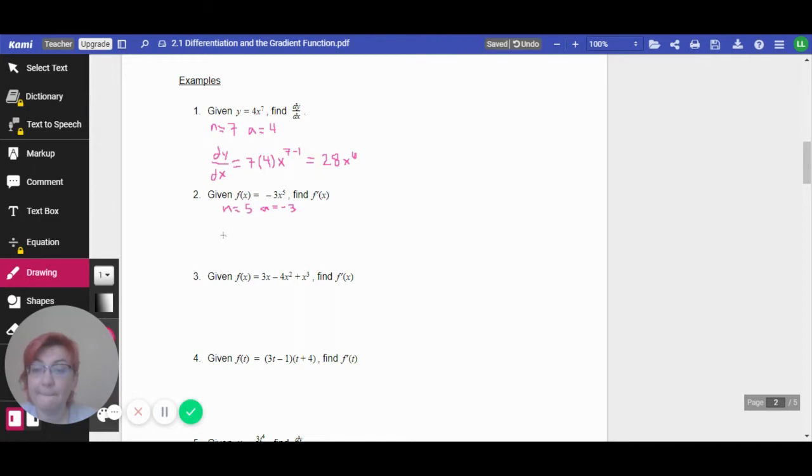Therefore, f prime of x is going to equal n, which is 5, times a, which is -3, x to the n, which is 5, minus 1.